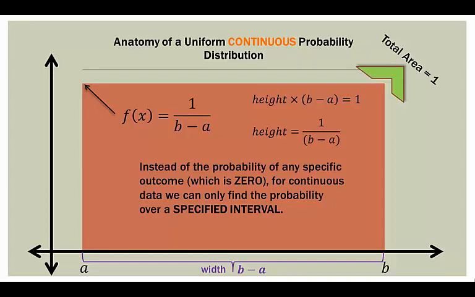Now let's say we divide it into 10 bars. Well, that's 1 divided by 10. So each bar would be 0.1. Let's say we divide it into 100 bars. Well, each bar has a probability of 0.01. Divide it into 1,000 bars. Divide it into 1,000,000 bars. You see what's going to happen here?